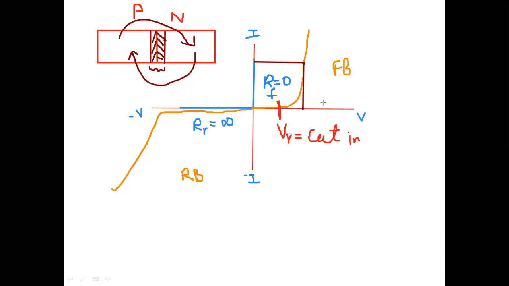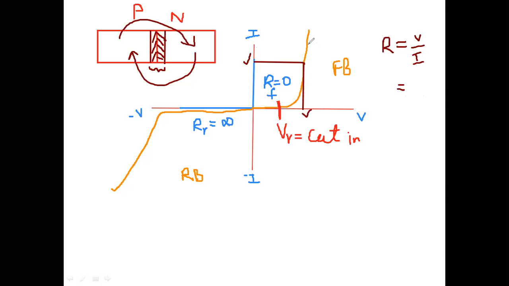We all know resistance R equals V by I, where V is voltage and I is current. So this is the value of V and this is the value of I.